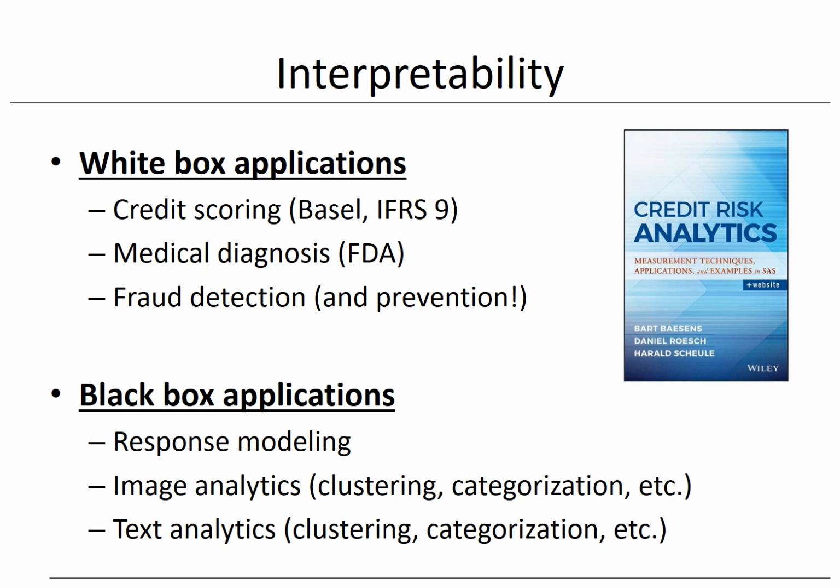Response modeling means that you're going to model whether somebody is going to respond to your marketing campaign, yes or no. Or in image analytics, think about Google image search. Google image search is an example of an application where you can perfectly use a black box complex model to do an image search or to look for images that match a given image, right? In those applications like image analytics or even text analytics, black box models can be perfectly successfully used, right? So you see, a very important takeaway from the slide is that interpretability is a key concern in certain applications.